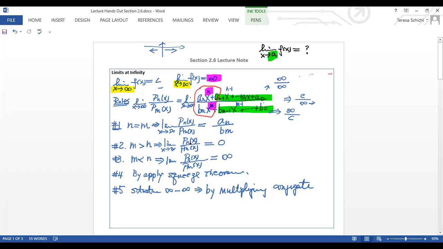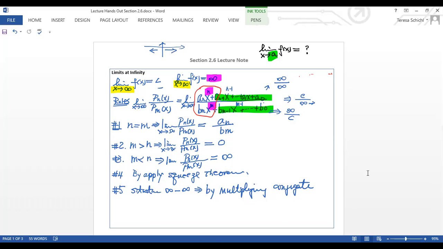It's best if you have a polynomial over a polynomial, then it's pretty easy, right? For different situations, sometimes you might need to manipulate your function. Sometimes you might need to use a conjugate or multiply the functions, and other techniques we talked about in the previous lectures, all right?